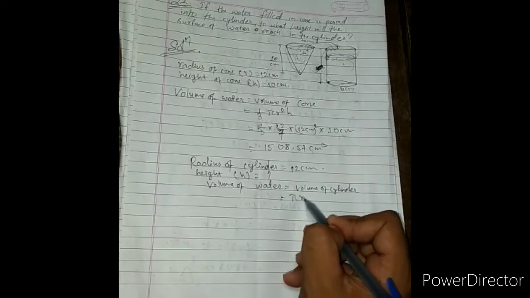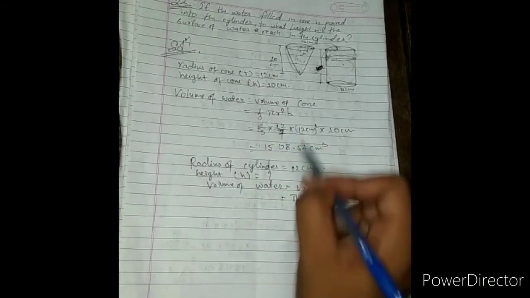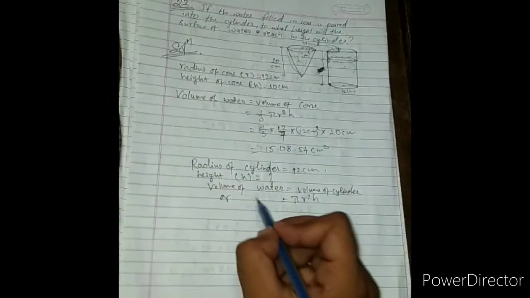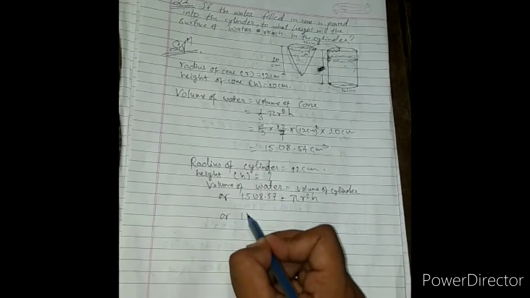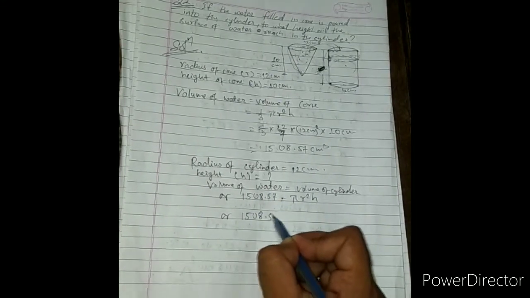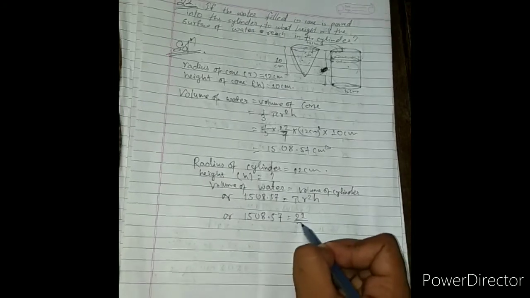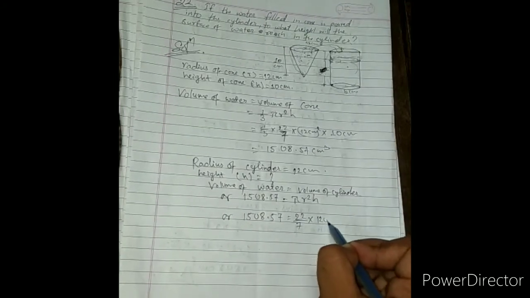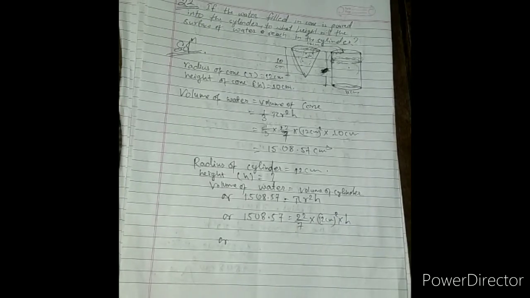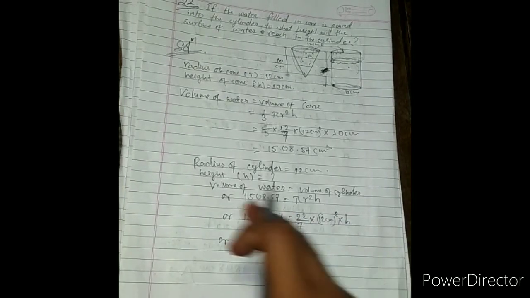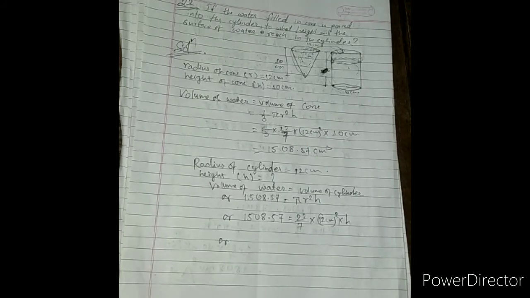Wherever you put it, it will take the same shape. And it is pi r square h. Volume is the volume of water. We have got 1508.57. This is 22 by 7 into 12 square. Height we have to find. Now we will take this 7 to this side.